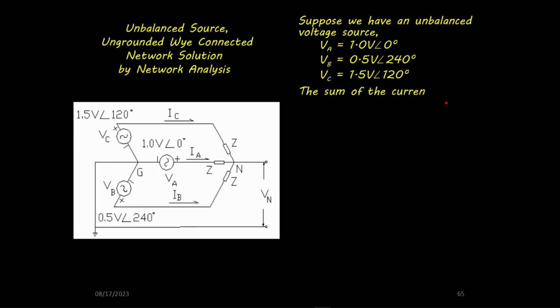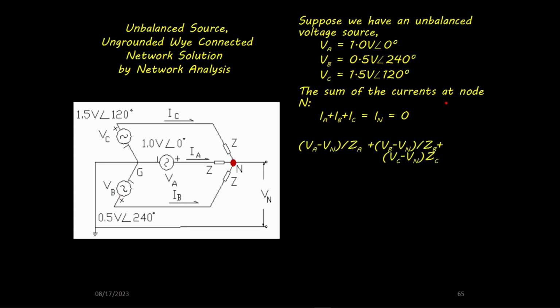By Kirchhoff's current law, the sum of the currents at node N, IA plus IB plus IC equals IN, is equal to 0. Substituting (VA minus VN) divided by ZA for IA and likewise for IB and IC, we get (VA minus VN)/ZA plus (VB minus VN)/ZB plus (VC minus VN)/ZC equals 0.